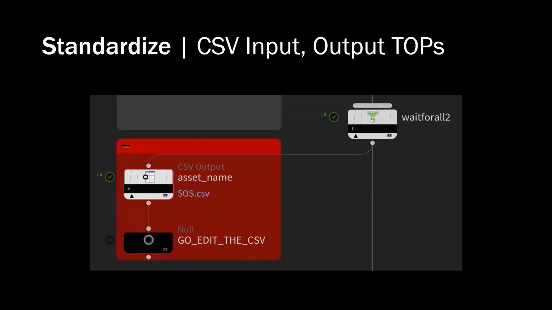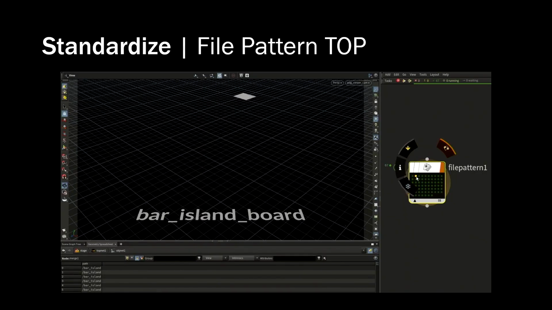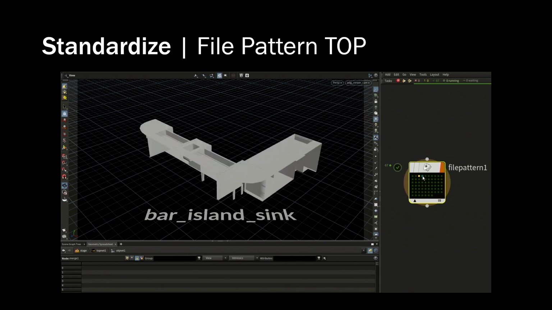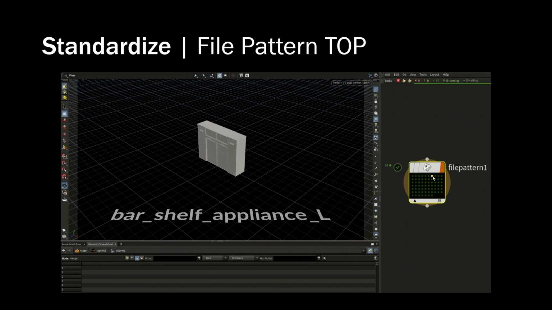And what's nice here is that you can export the result of all the work items that you have. So I know I'm jumping back and forth in my presentation, but I just want to come back to this here. So all the work items, those little green dots in the File Pattern node, they all have a list of attributes.